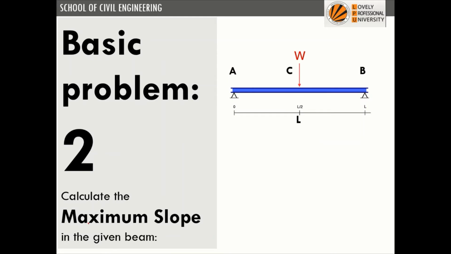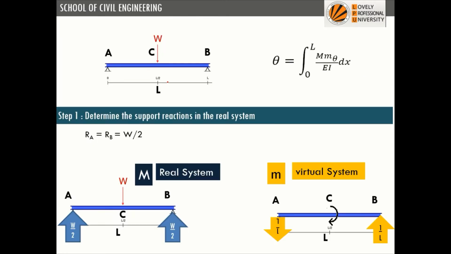So now we'll use the previous problem and calculate the slope. This is our beam, and we calculated the reactions RA and RB. Now we want to use the two systems, the real system and the virtual system. The real system remains the same as given in the problem. To calculate slope, we should apply a unit moment at the point where slope is required.